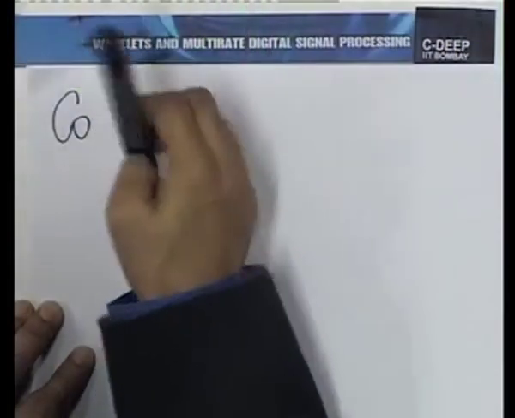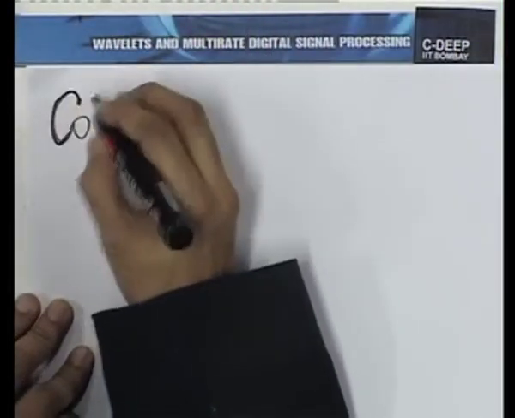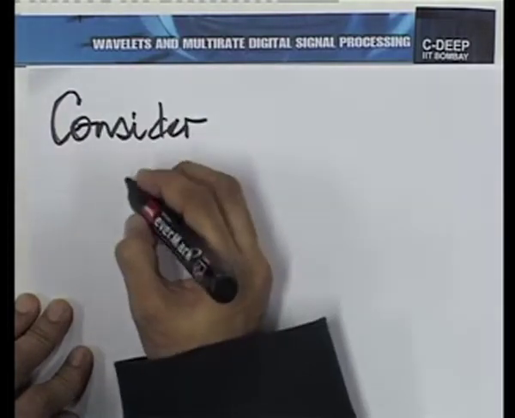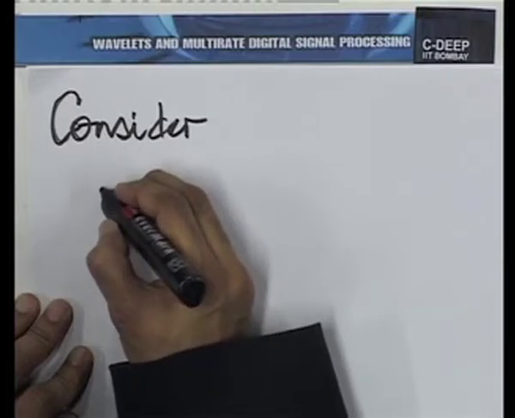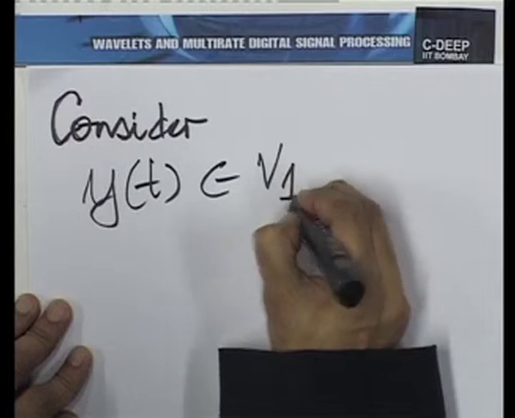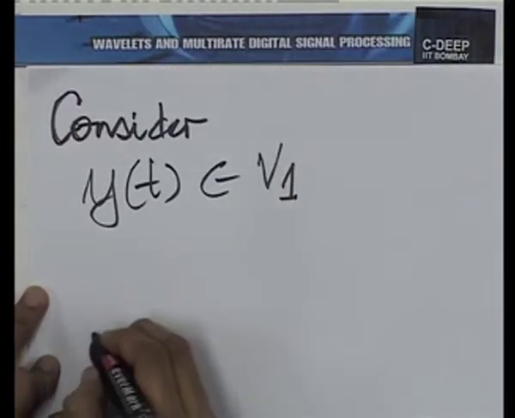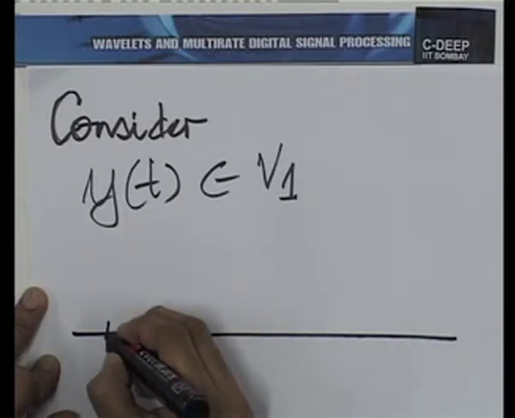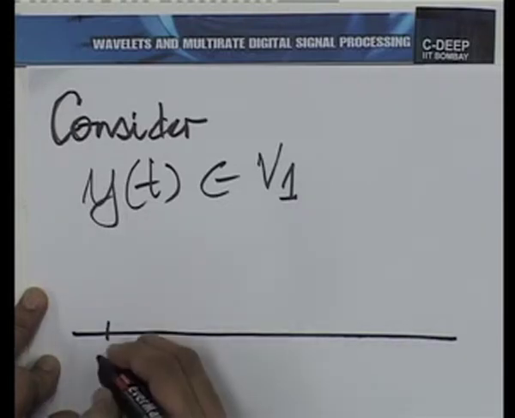So, consider a function y(t) belonging to V1. Now, V1 you will recapitulate is the space of functions piecewise constant on intervals of length half.